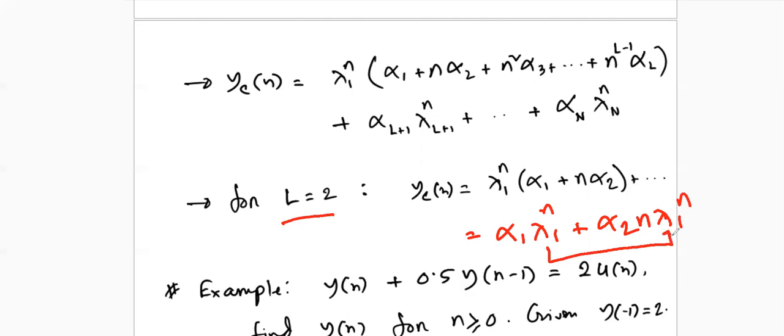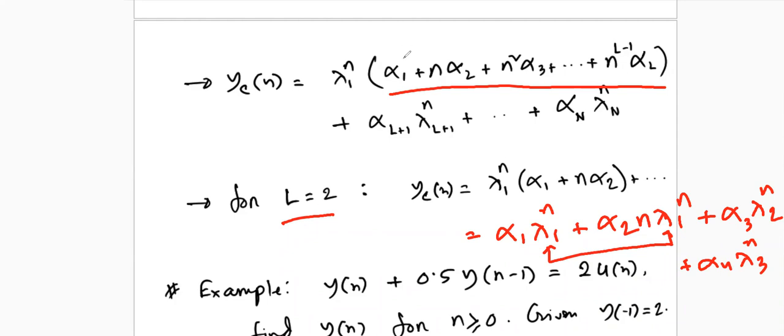since they are repeated roots. And after that, if I have, let's say, alpha 3 lambda 2 to the power n, then alpha 4 lambda 3 to the power n, because those are distinct roots. So for each and every common root, you need to multiply by another extra n.